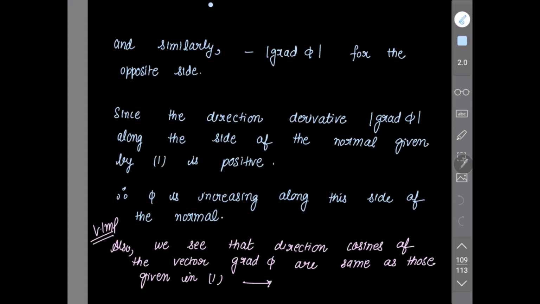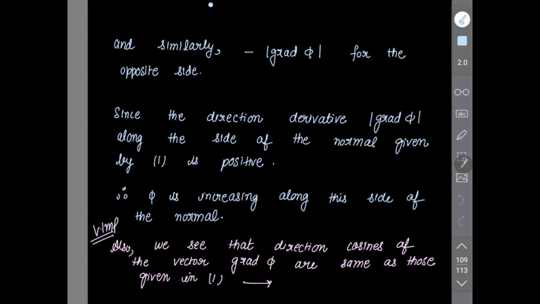Now this is a very important point. Also we see that the direction cosines of the vector grad phi are the same as those given in 1. What are the direction cosines for grad phi? Of course, phi x, phi y and phi z.